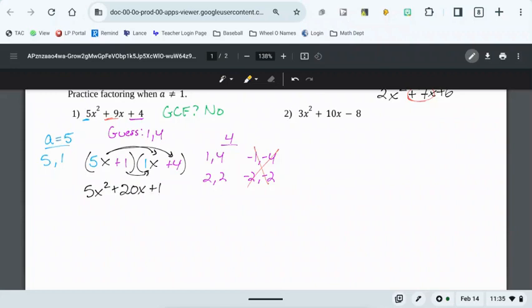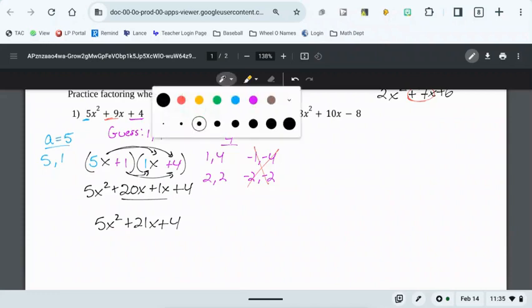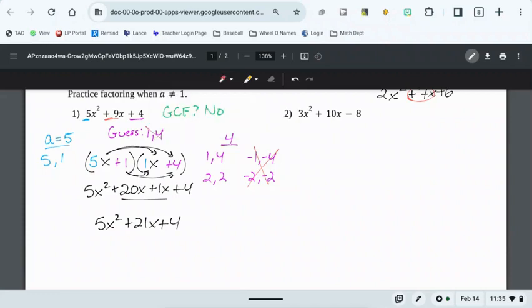Then we get 1x plus 4. Combine like terms. 5x squared plus 21x plus 4. And we see we did not get back to where we started. Yes, we have the 5x squared, and yes, we have the 4, but we need a positive 9 in the middle. And we ended up getting a positive 21. So that's not going to work.